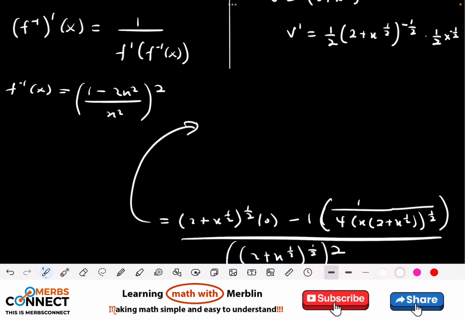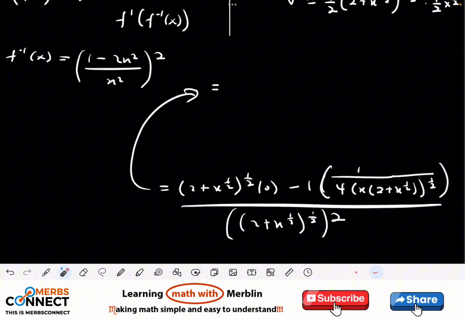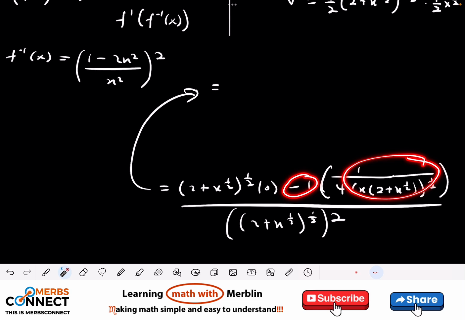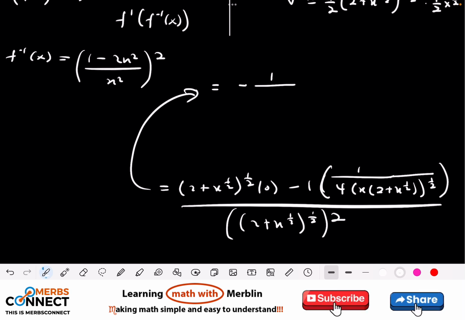So I'm going to have, now this time this will be 0, and then this time this will be just the negative of this, and then this 2 will cancel this, so it will be left with just the 1 in the parentheses here. So we are going to have -1 divided by 4.